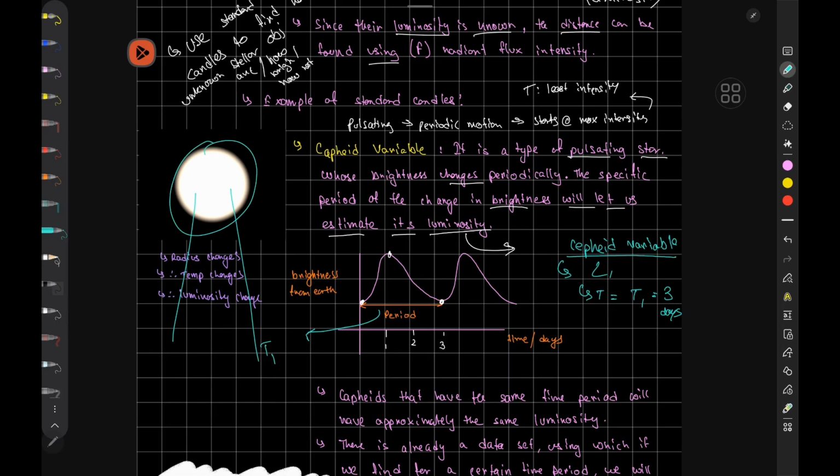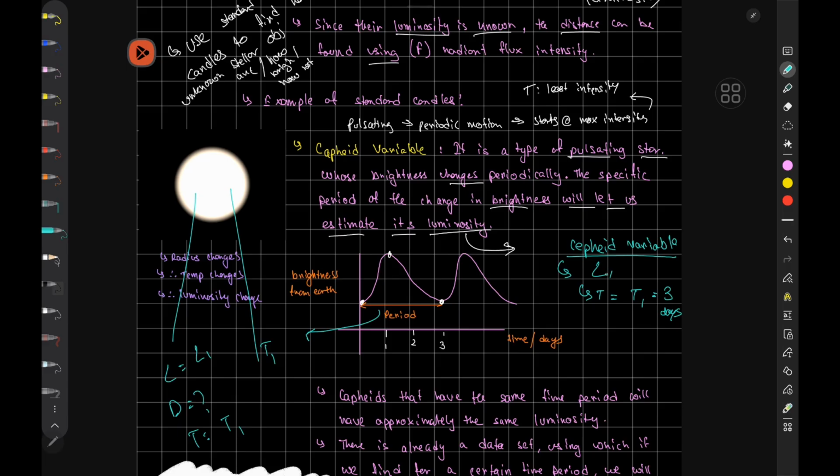And you have an unknown pulsating object, and you don't know the luminosity, and you don't know how far it is. So you observe the periodicity of the pulsating object. When you see that the period is exactly the same as my Cepheid variable, you also know the luminosity, which is L1.